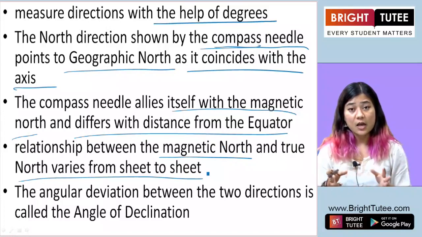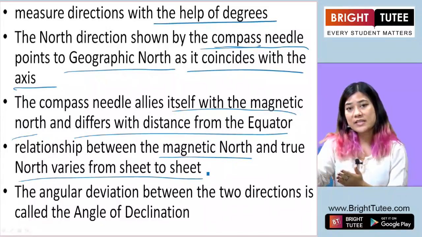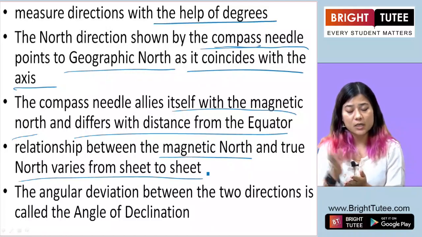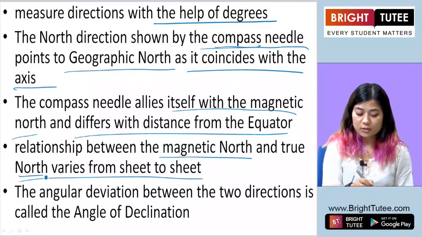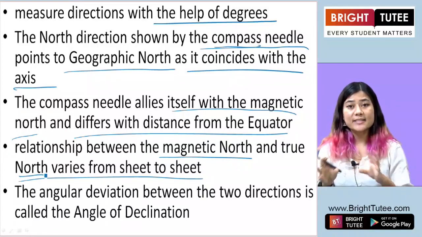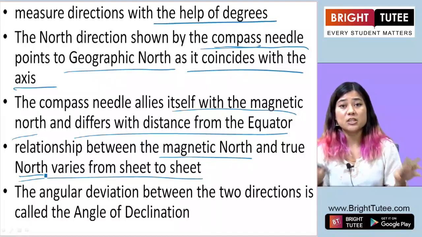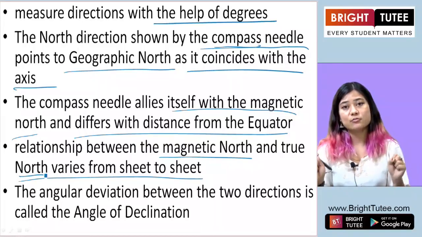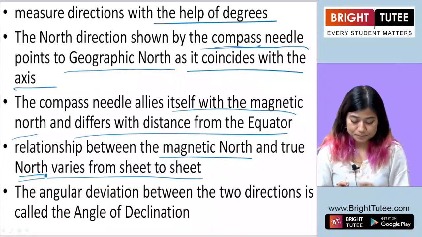So the magnetic north which the compass shows is different from the true north that we understand. The direction of north varies from sheet to sheet, and that also has to be understood for proper map reading.